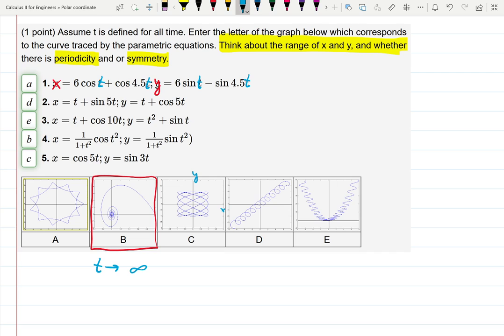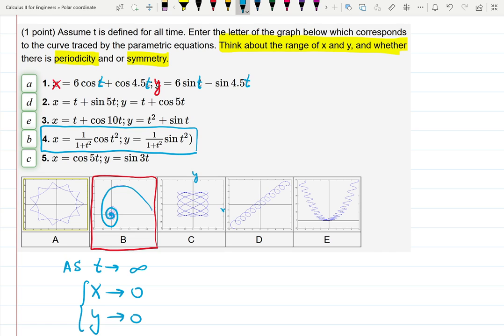As you can see, this graph shrinks to 0, right? Both the height y goes to 0, and x goes to 0. I would say as t goes to infinity, x and y both shrink to 0. There's only one function in the list that has this property, the one that has division by t.